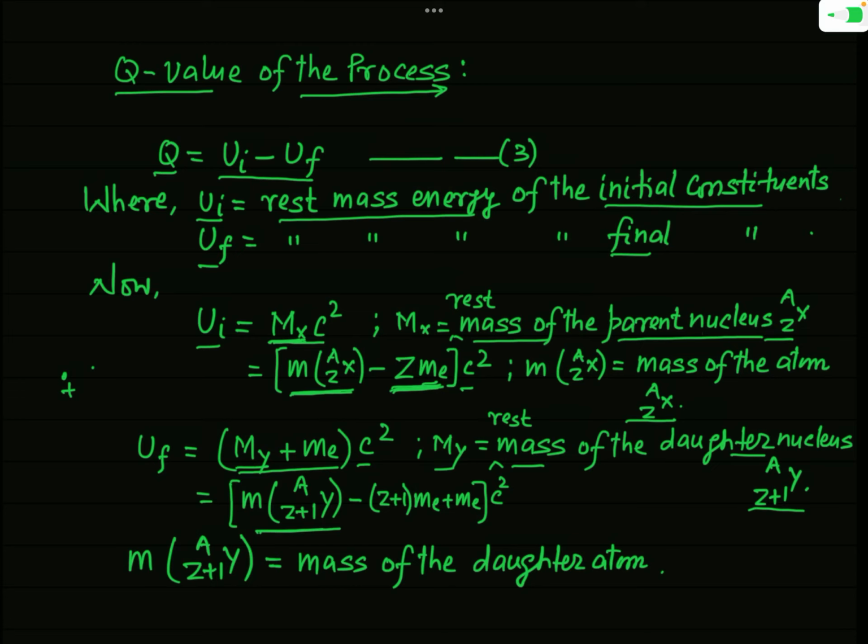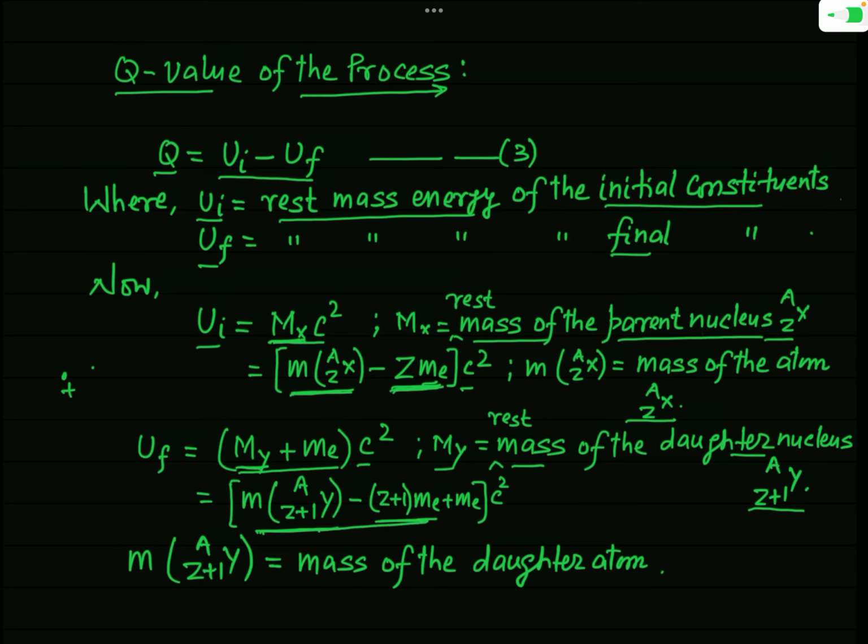And since this daughter nucleus has Z plus 1 protons, it will also have Z plus 1 electrons. So the sum of the masses of Z plus 1 electrons will be Z plus 1 into m_e, where m_e is the mass of one electron. So m of Z plus 1 Y minus Z plus 1 m_e is equal to M_Y.